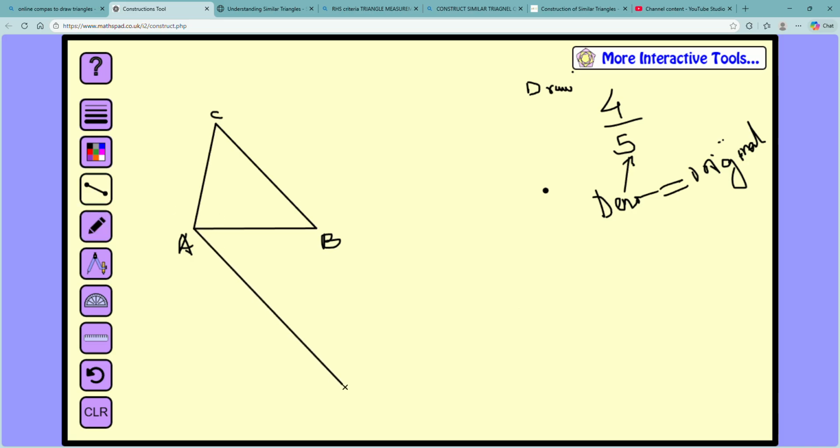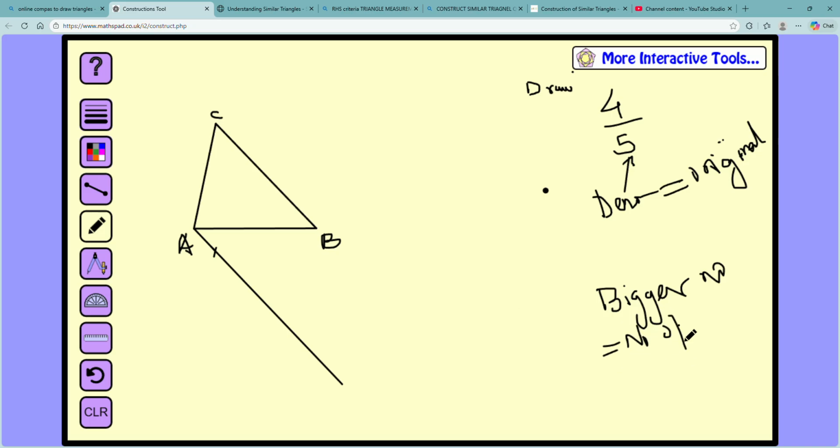making an acute angle with the base of the given triangle. Then we have to divide it into equal parts. We can use the scale; it's necessary to use the scale to have proper gaps here. For example, I am having 5 gaps here. Whatever the bigger number is, that is equal to the number of parts.